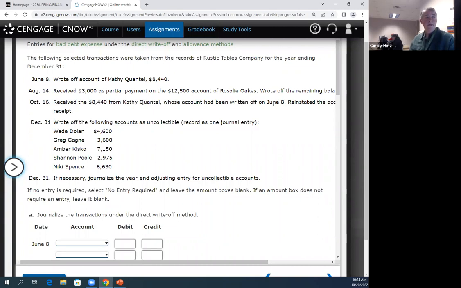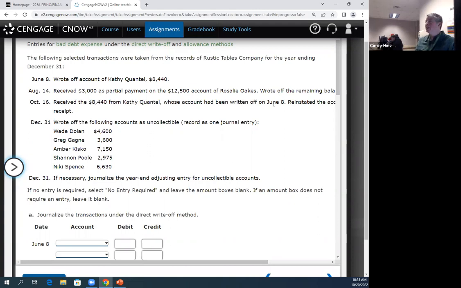Okay. So what we're going to be doing in this very first exercise is, as you can see at the top of the screen, entries for bad debt expense under the direct write-off and allowance methods. Now, I explained the direct write-off method on Tuesday, and I told you that that is not an acceptable approach under GAAP.